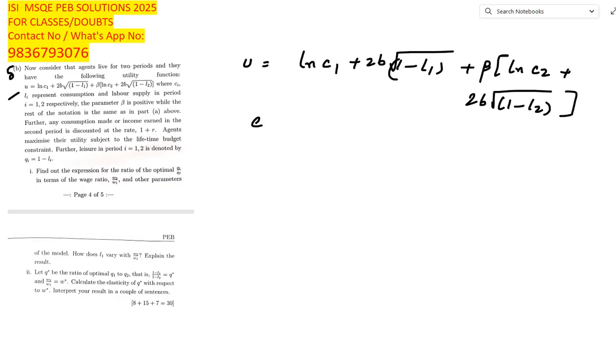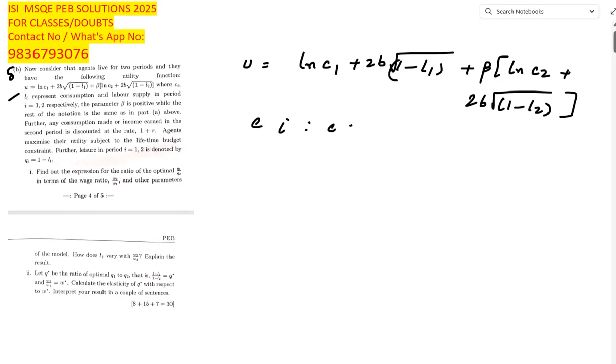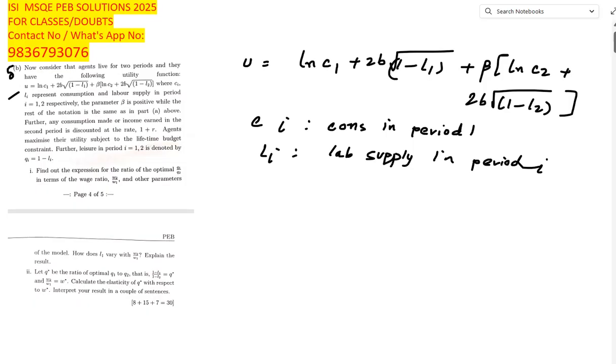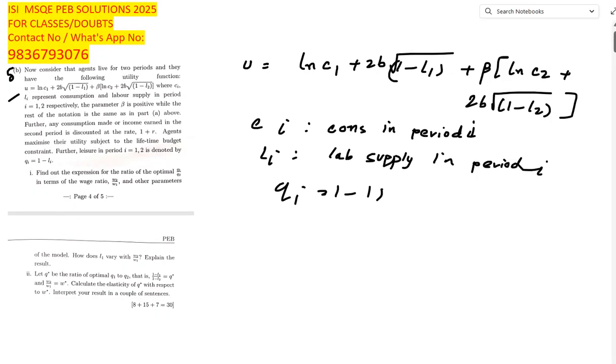Here this is consumption in period i, then labor supply in period i, similarly Q_i, that is 1 minus L_i, that is leisure.